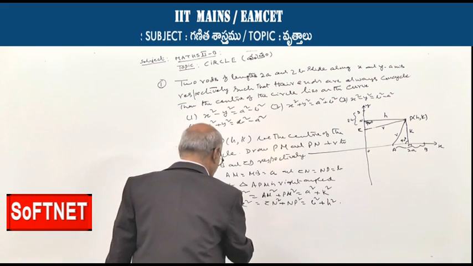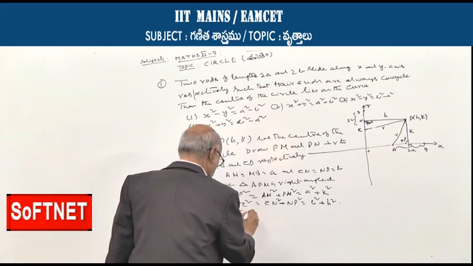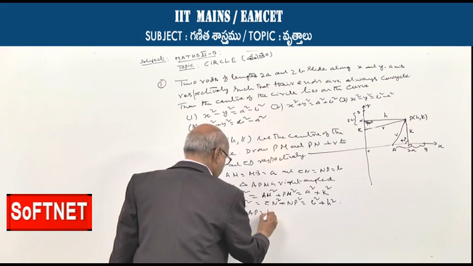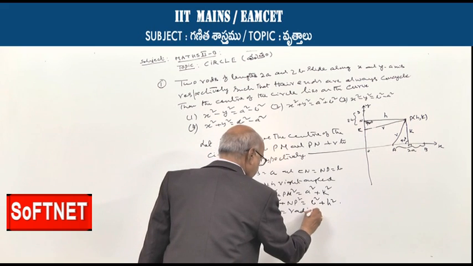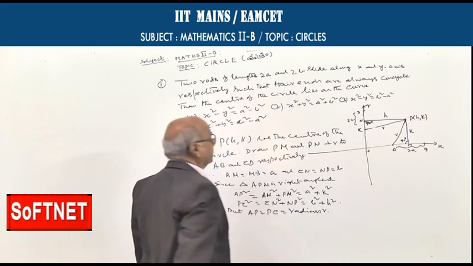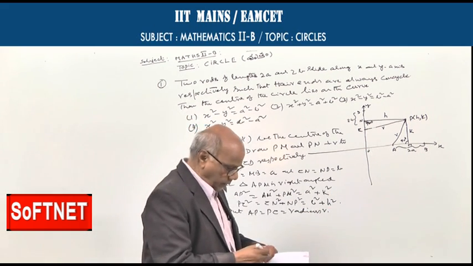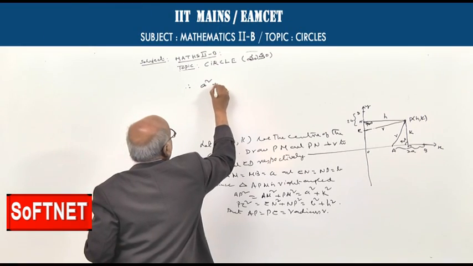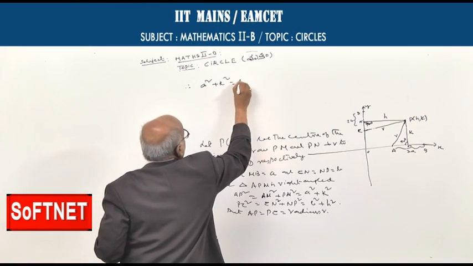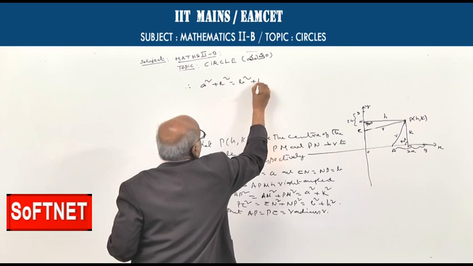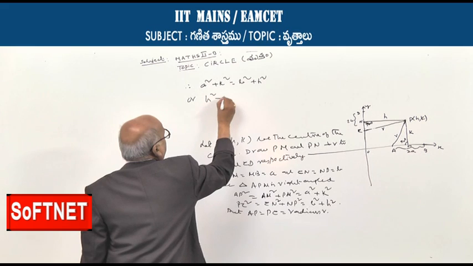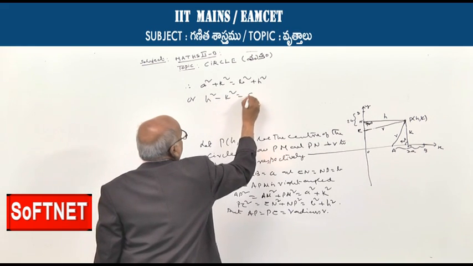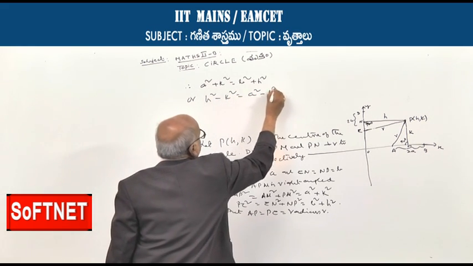But AP is equal to PC, each is equal to the radius R. So therefore, a square plus k square is equal to b square plus h square, or h square minus k square is equal to a square minus b square.